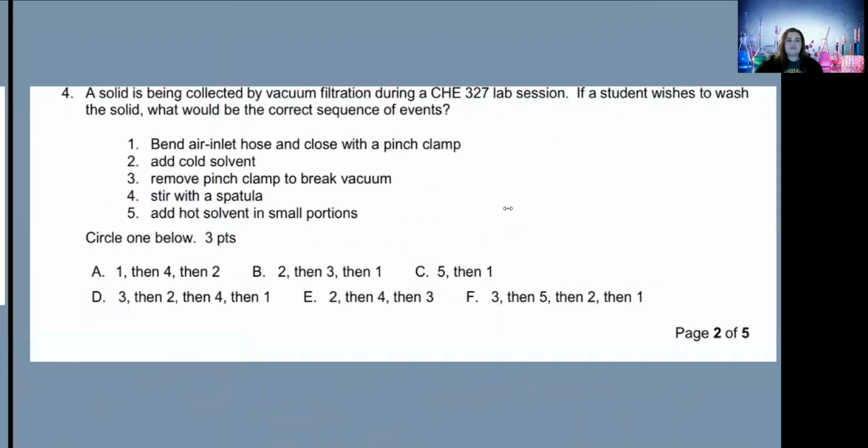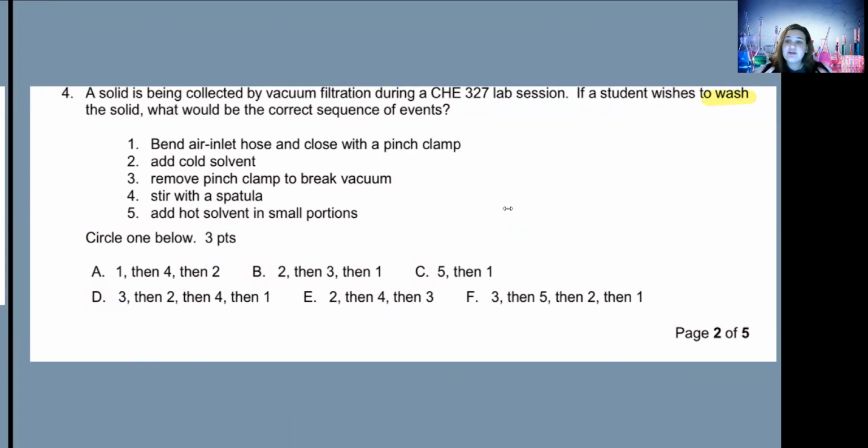Pause, try it out, then we'll do it. Okay, a solid is being collected by vacuum filtration during a Chem 327 lab session. If a student wishes to wash the solid, what would be the correct sequence of events? All right, so we have 5 steps. Looking at the answer choices right off the bat, I don't have to use all 5. So that's good. We are talking specifically about the wash step.